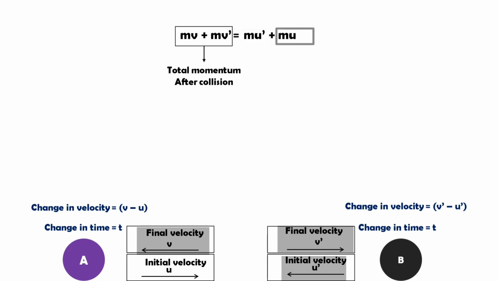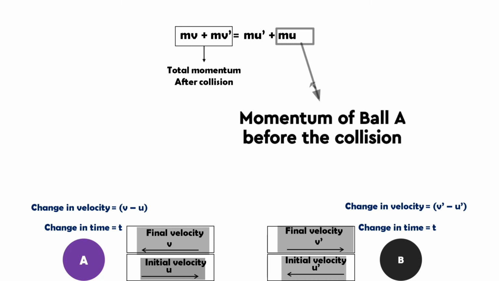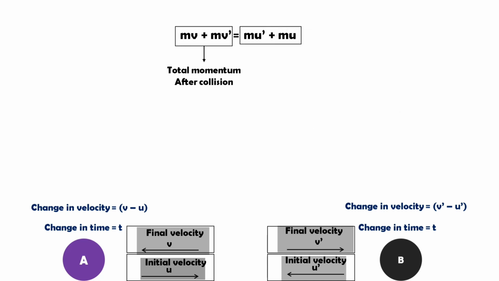And similarly, in the second term we have u, that is the initial velocity of ball A. So we can write m u as the momentum of ball A before the collision. Since on the right hand side both the terms are momentum before the collision, if we add these two we will get the total momentum before the collision.